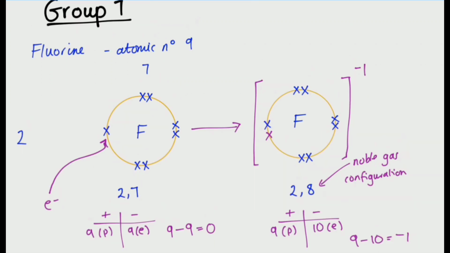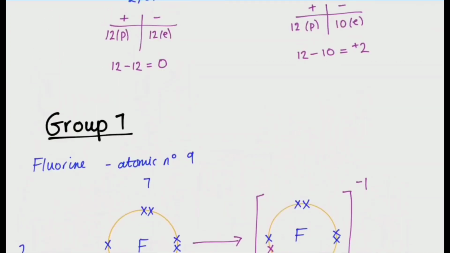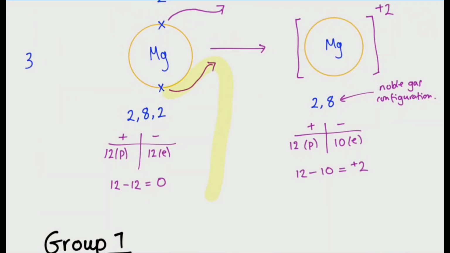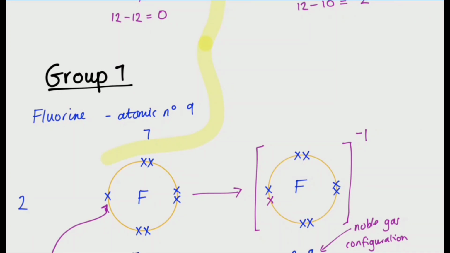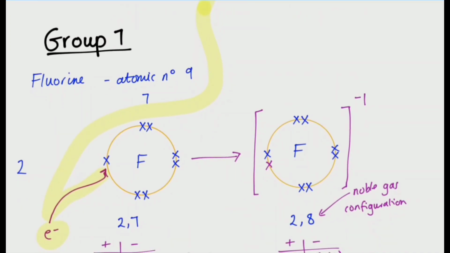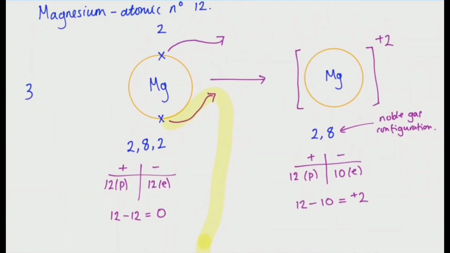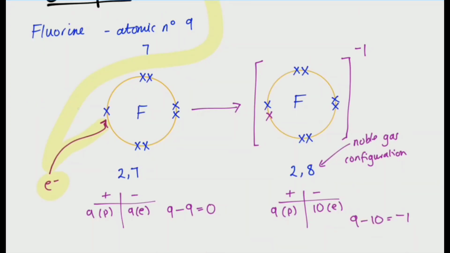So where has the electron come from? Well, the electron could come from the magnesium atom. So magnesium could donate or transfer one of its electrons to the fluorine atom to form a fluoride ion. But magnesium doesn't just lose 1 electron, but loses 2 electrons. So what happens to the second electron? Well, that second electron can be donated to a different fluorine atom, which we can draw out again, or we can write like this: 2 fluorine atoms will become 2 fluoride ions.